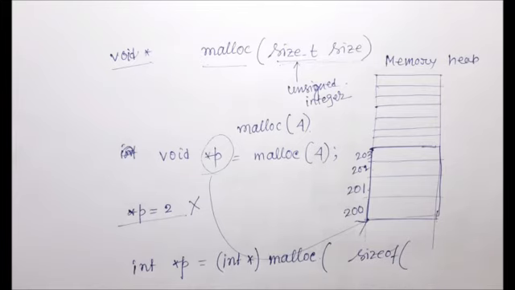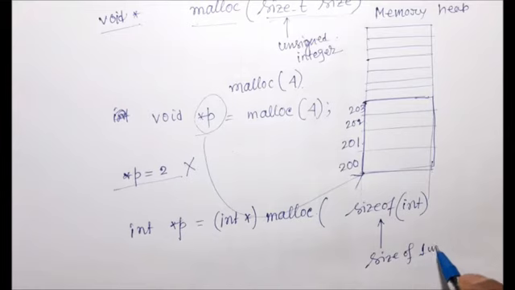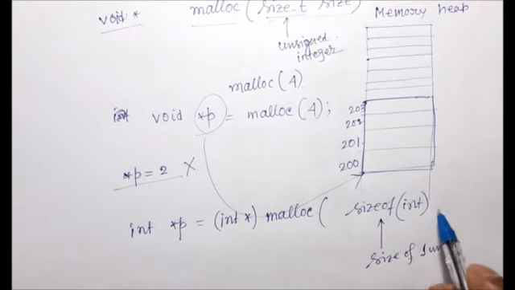I already know that it will take 4 bytes in my computer. So sizeof is basically used to indicate the size of 1 unit, right? So 1 unit of integer will be allocated.